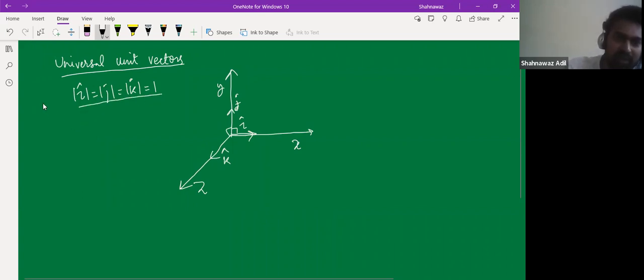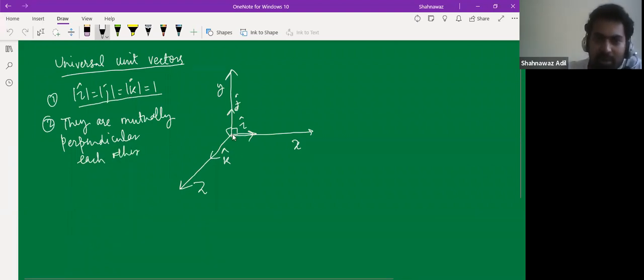And the second one is that they are mutually perpendicular to each other. Okay. So this is all about the universal unit vectors.